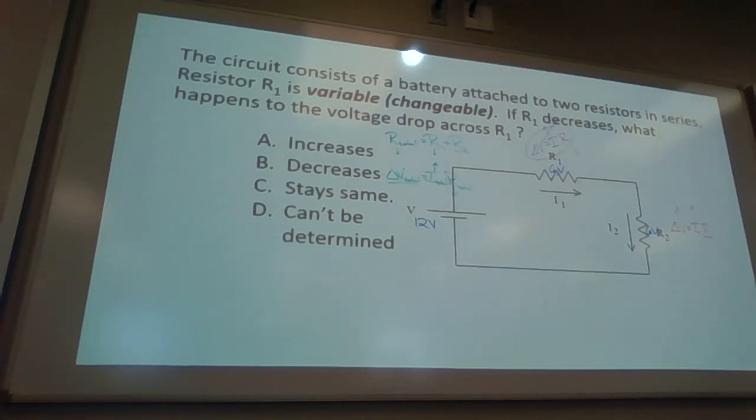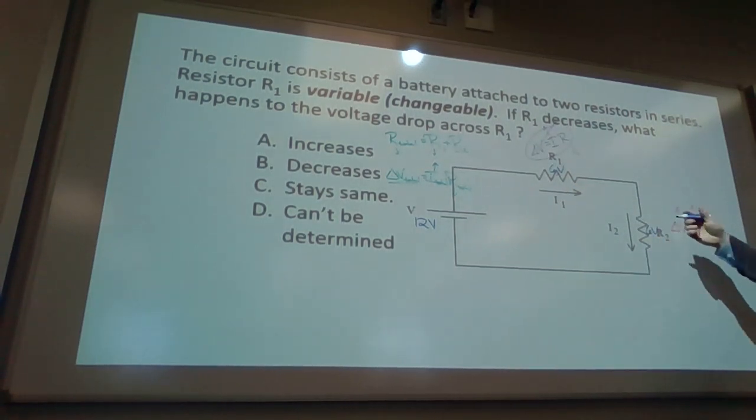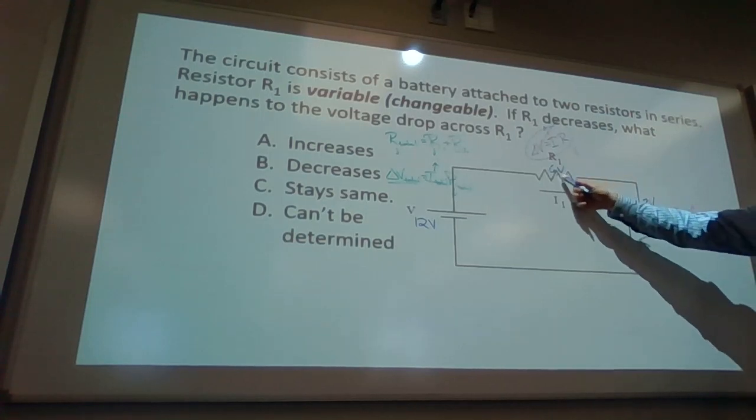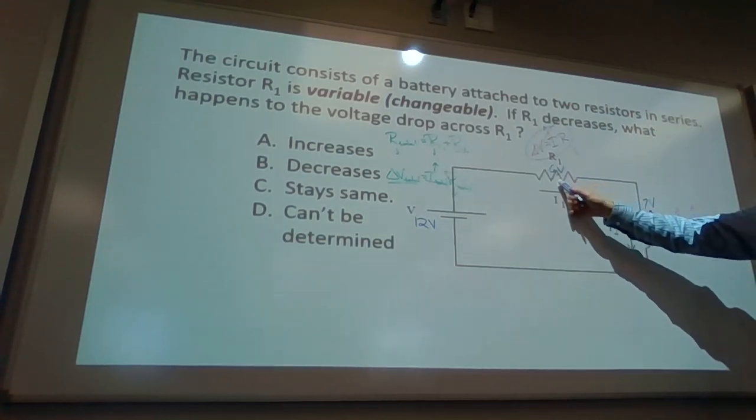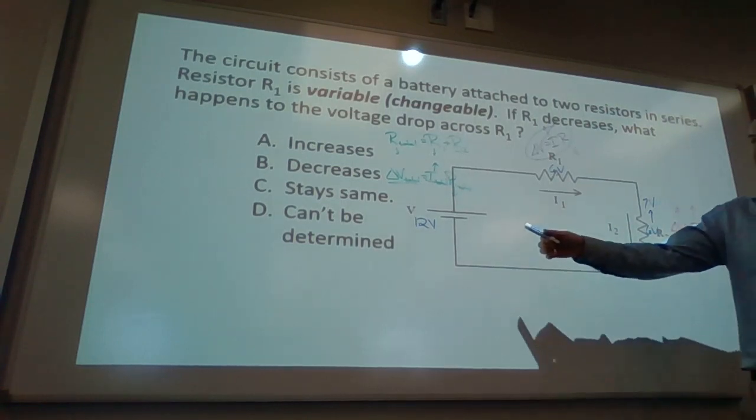Then we decreased the resistance on that, and that caused the voltage across this to increase. Let's say to 7. Again, making these numbers up. What has to be the voltage drop across this guy? I've got a 12-volt gain.